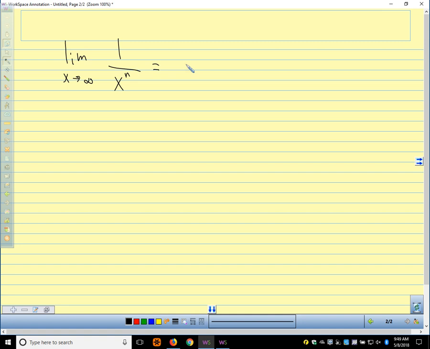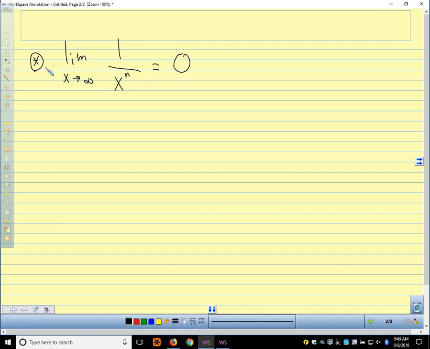If we divide 1 by something really, really big, what do we get? Something really, really small. So this limit, as x keeps getting bigger and bigger, is going to be 0. So that's our key limit for today. If the denominator gets really, really big, our limit gets close to 0.